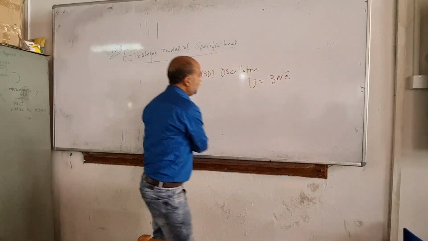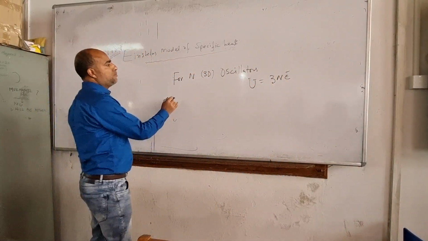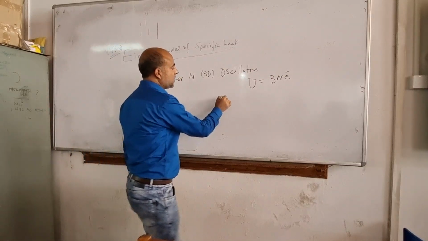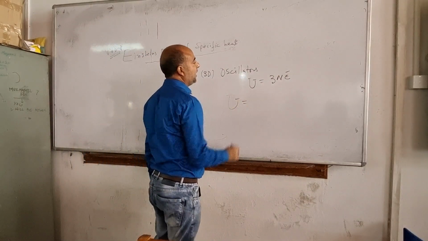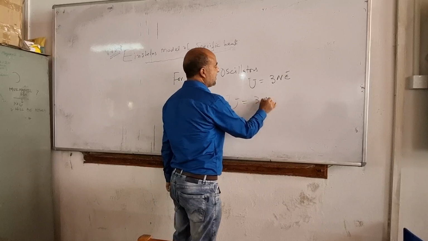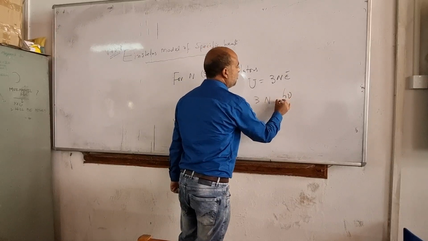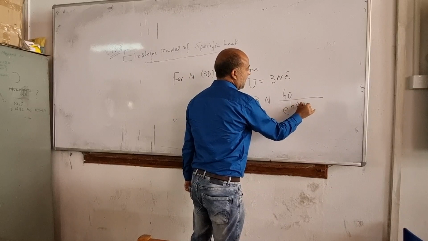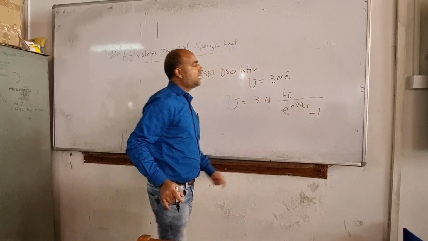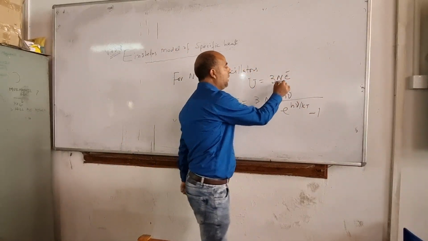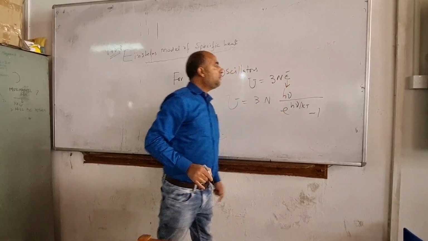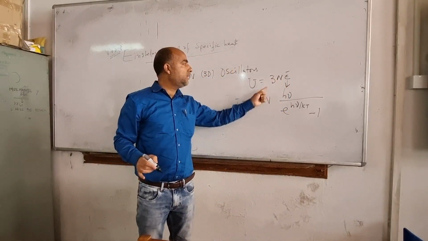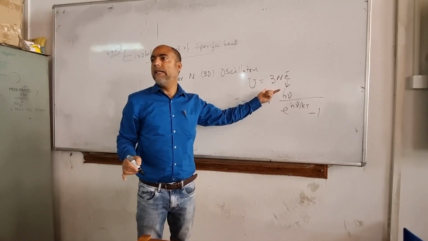Cv is basically, first, the total energy of the 3n oscillators, which is 3n h nu by e raised to the power h nu by kT minus 1. We are substituting the value of E bar in the equation that we have written already.